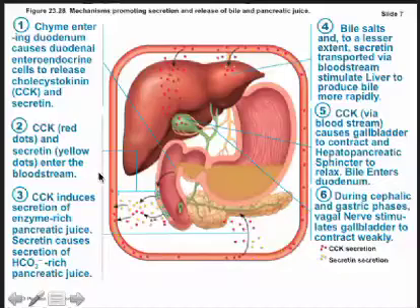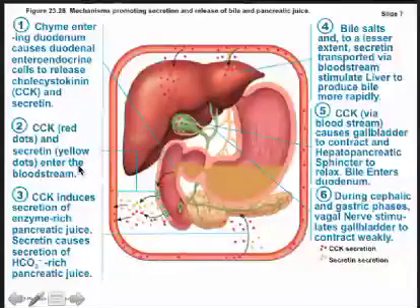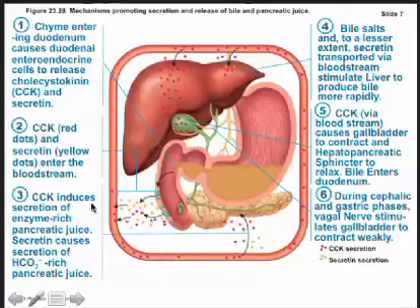The cholecystokinin and the secretin enter the bloodstream, and this induces the secretion of pancreatic juice, and secretin causes the secretion of bicarbonate in the pancreatic juice as well. So the combined action of these two is going to control the composition of the pancreatic juice.